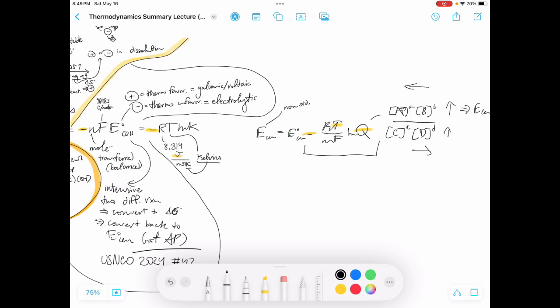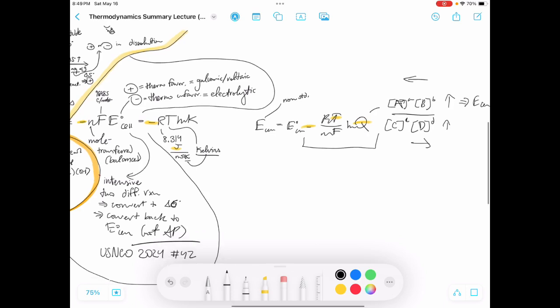You can see how temperature increase and decrease changes that term. And I mean, it also makes sense if you wanted to apply K here, right? If I am at standard state and all of these A, B, C, D are all 1, while natural log of 1 is 0, so E cell would equal E naught cell at standard state, which makes sense.